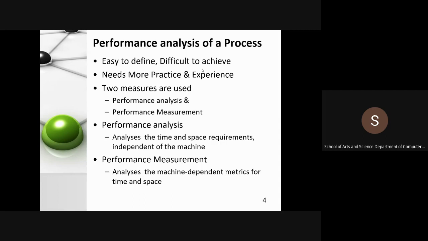What are the 2 measures? Performance analysis and performance measurement. Make a note of this, as it might be asked in your examination. The first one is performance analysis itself. The second one is performance measurement.